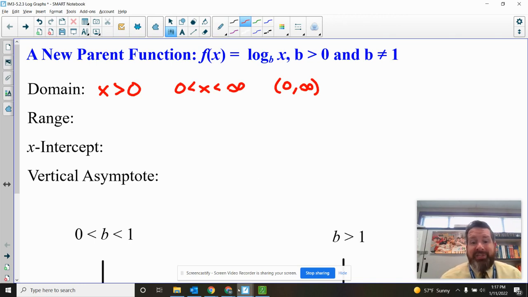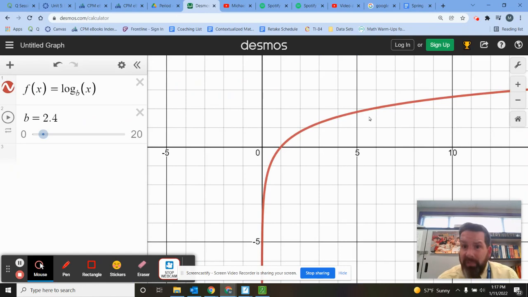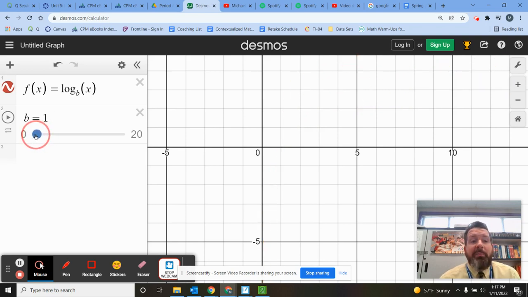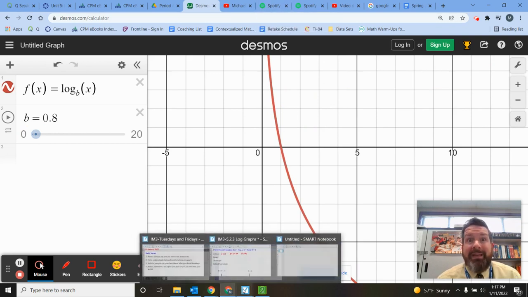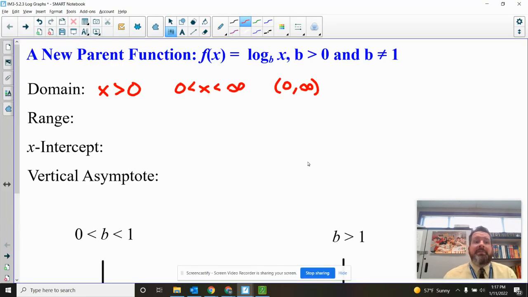As far as the range goes, the graphs here go down forever, but they also go up forever, even though they don't go up very fast. Even if you have a small base, your graph goes up forever and also is going to go down forever. So your domain is only positives, but your range, your y values, all real numbers. You can write it this way.